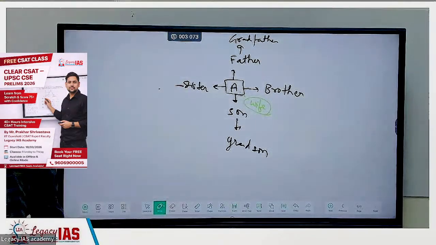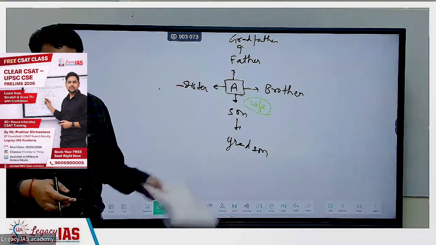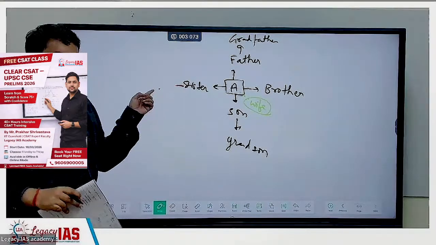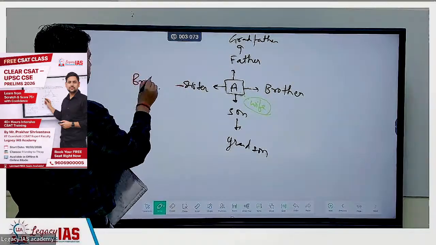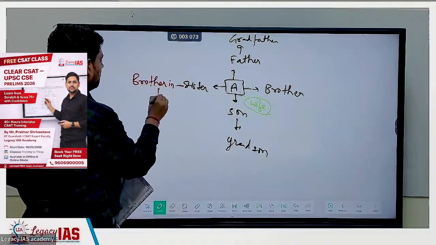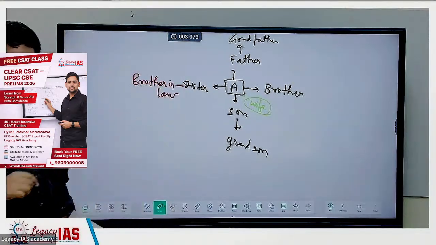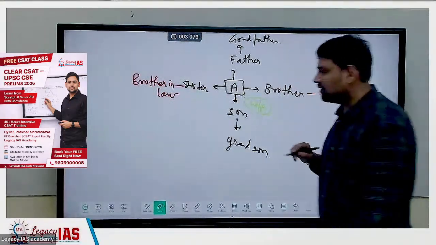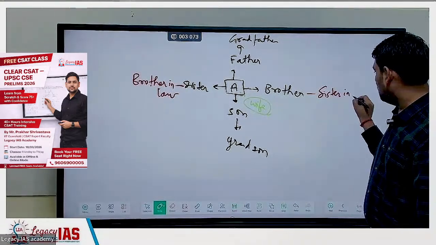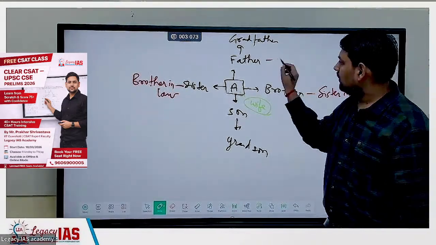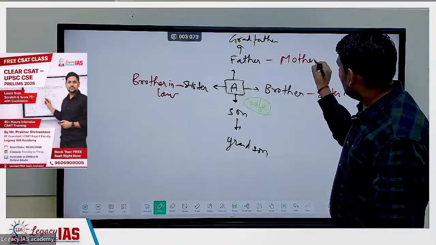With respect to A, sister's husband is called brother-in-law. Brother's wife is called sister-in-law. Father's wife is mother.